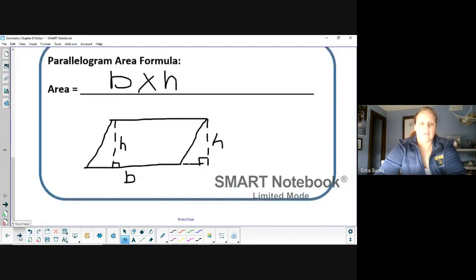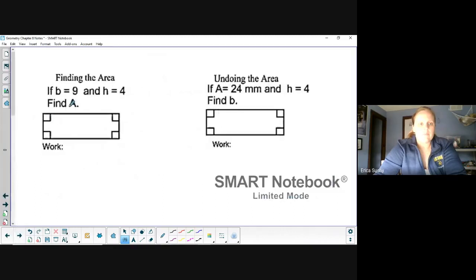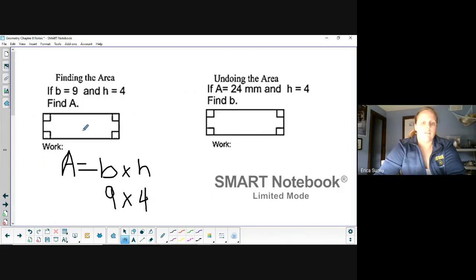All right, so let's try some examples. In this first one, we have base equals 9 and height equals 4. Find A for area. So area equals base times height. So base is 9, height is 4, and if I wanted to put that on the picture, I'd have 9 here and 4 here.